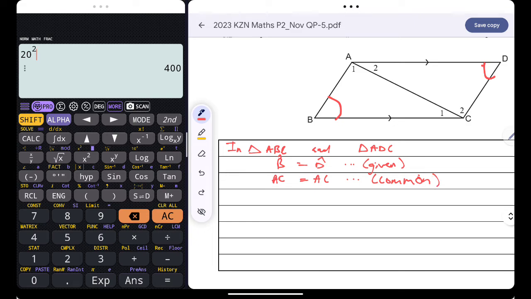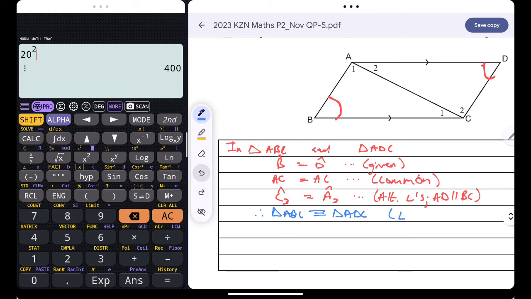And then what else do we know? I know that angle C2 is equal to angle A2. Why? Because they are alternating angles, and they alternate because AD is parallel to BC. So I can therefore conclude that triangle ABC is congruent to triangle ADC.